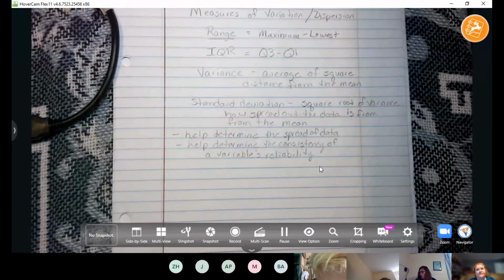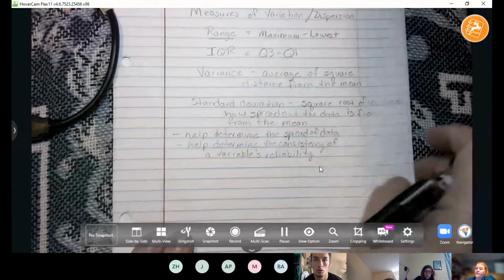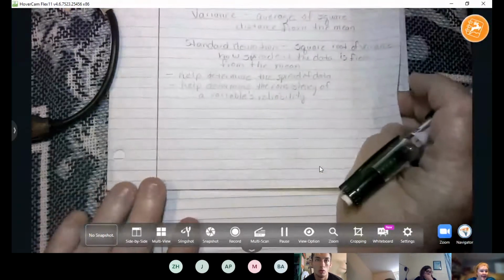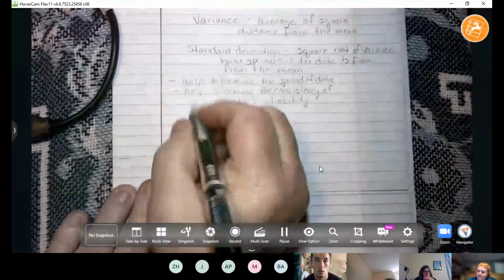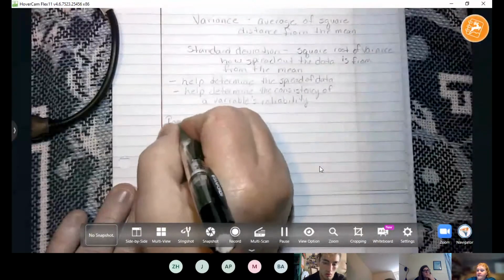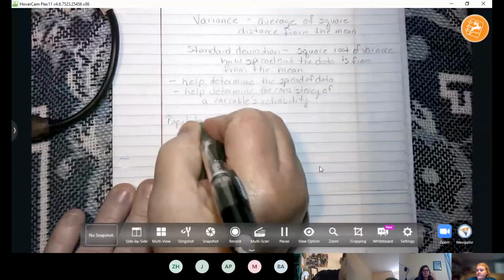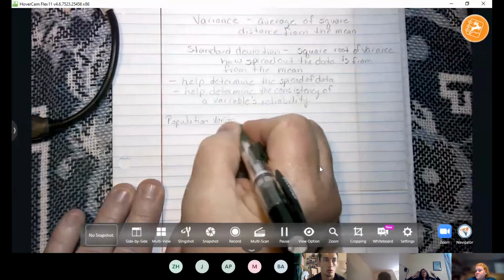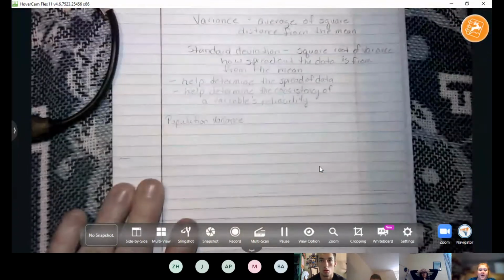In other words, is the variable really telling us the truth about how good it is? Now let's look at the formulas. The formulas are going to look very complicated. Now we have one for the population.